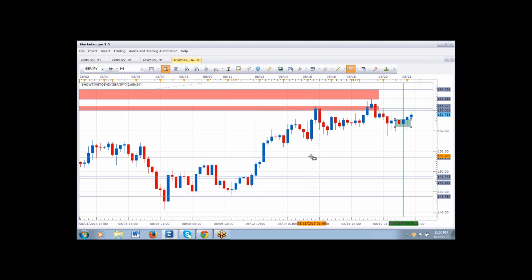Demand. Level of demand. If we're going to short a level of demand in an uptrend, because we still have a series of higher highs, a series of higher lows. Here though, we have a lower low, lower low, lower low, higher low, higher high. So overall, it's still pretty much in an uptrend.